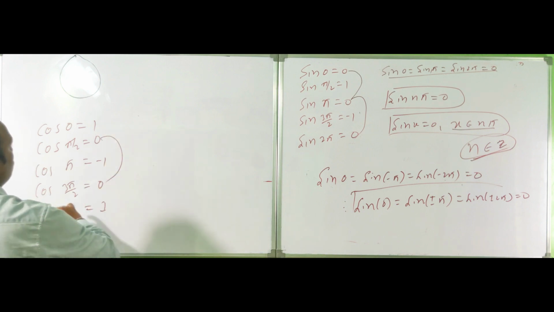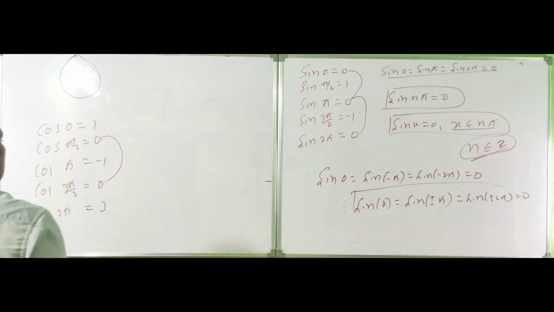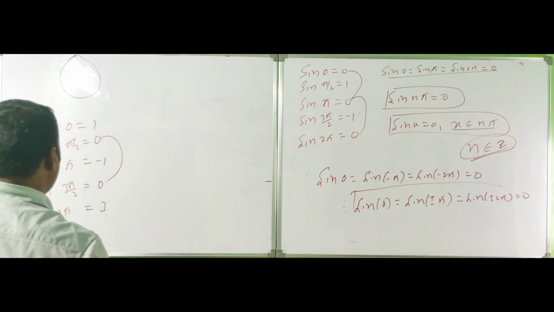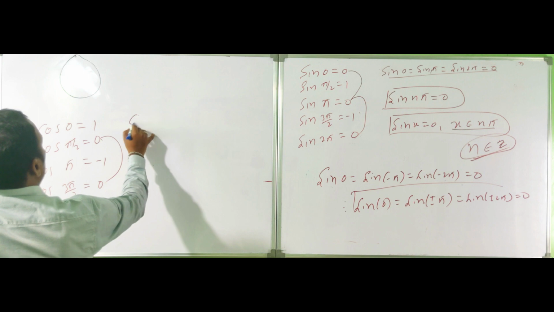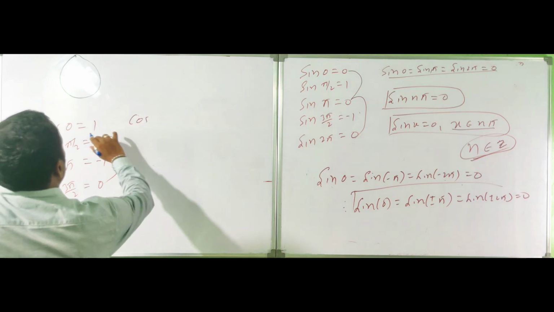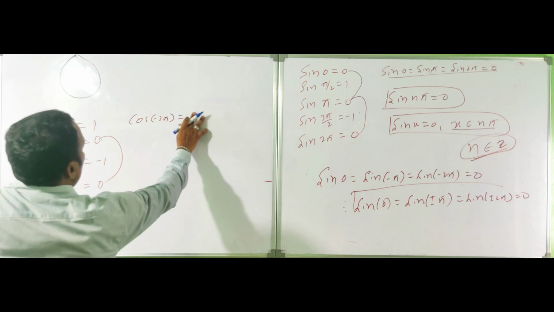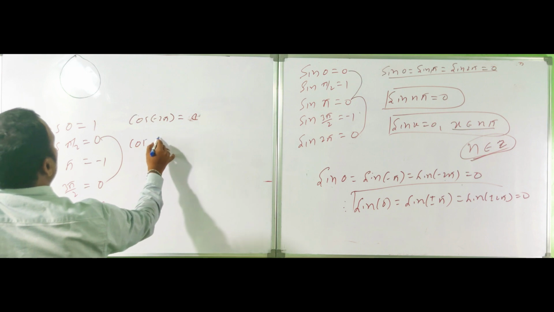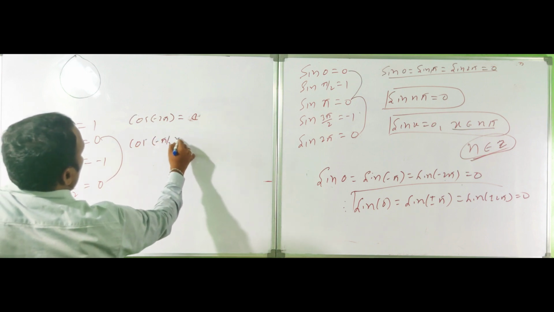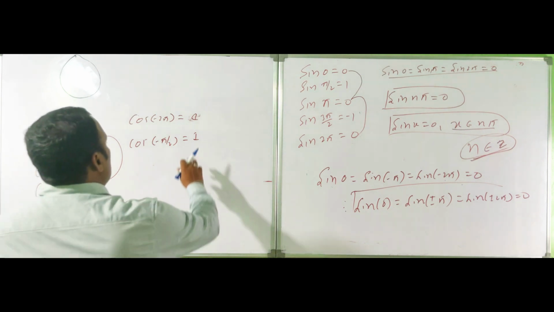Similarly, this is also true for negative values: cos of minus 2 pi is equal to 1.